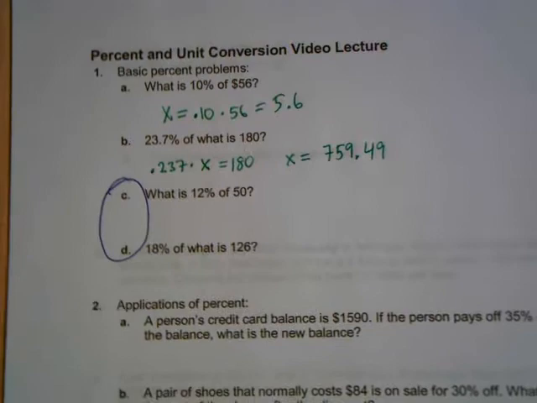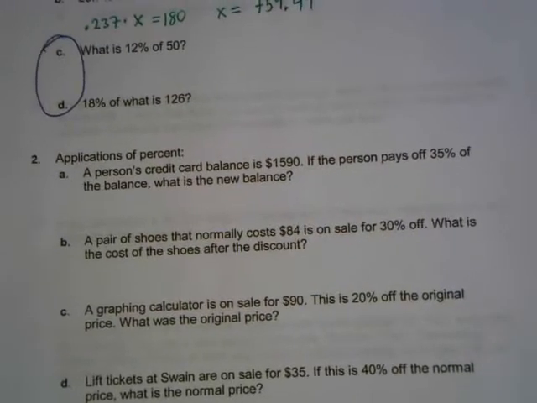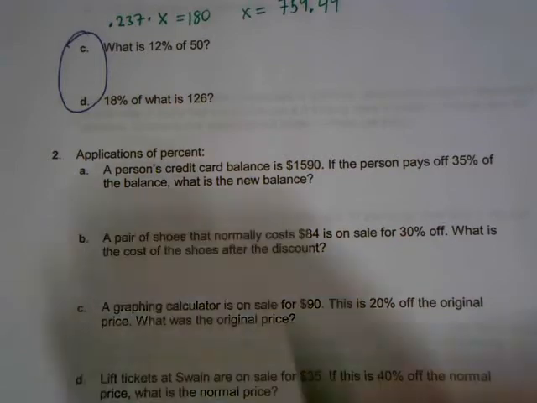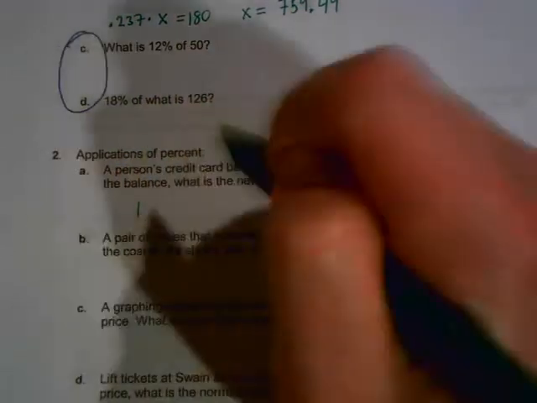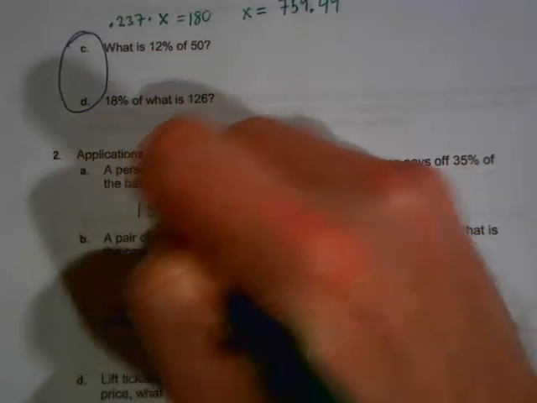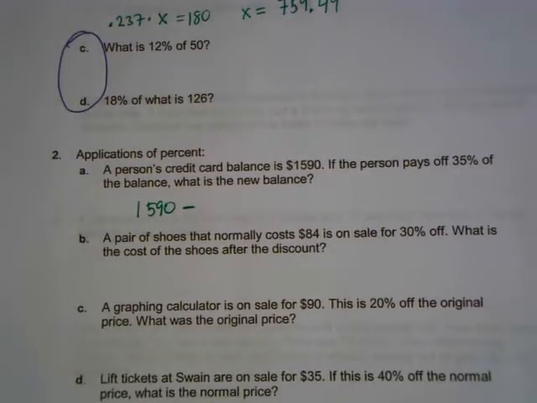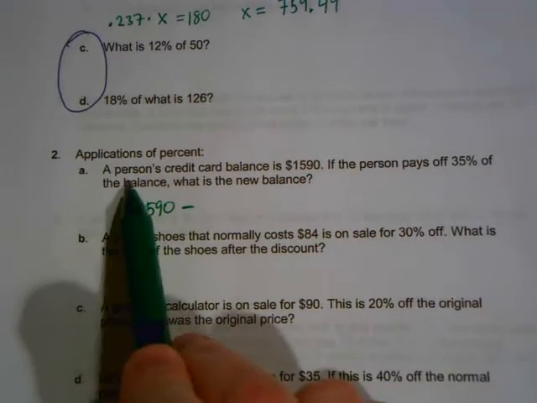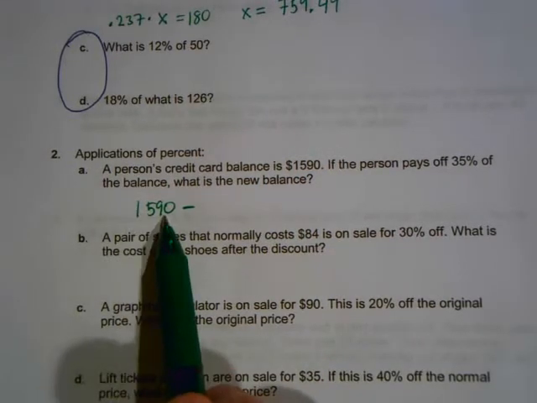Now let's take a look at how percents are commonly used here. A person's credit card balance is $1,590. If the person pays off 35% of the balance, what is the new balance? Well, we're starting by owing $1,590 and we're paying off some of it. We're paying off 35% of the balance, but the balance is $1,590.